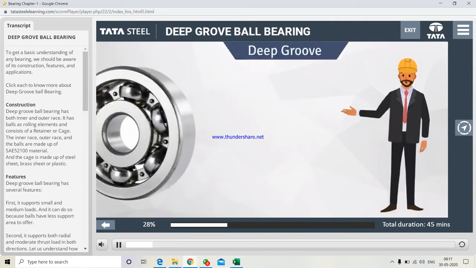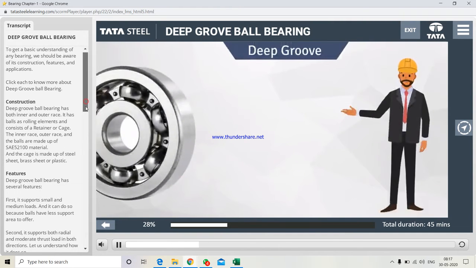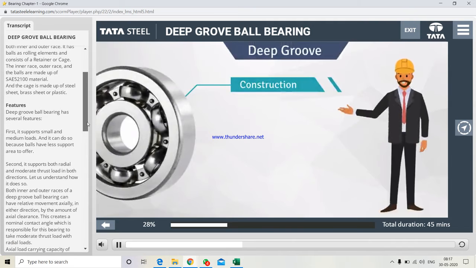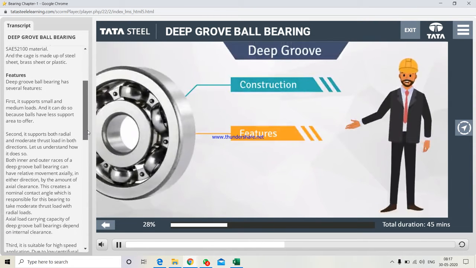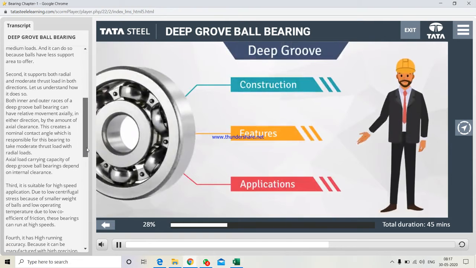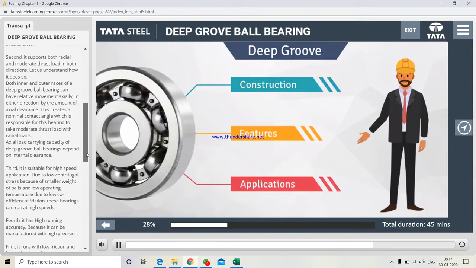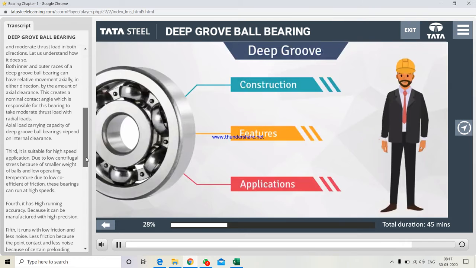To get a basic understanding of any bearing, we should be aware of its construction, features, and applications. Click each to know more about deep groove ball bearing.